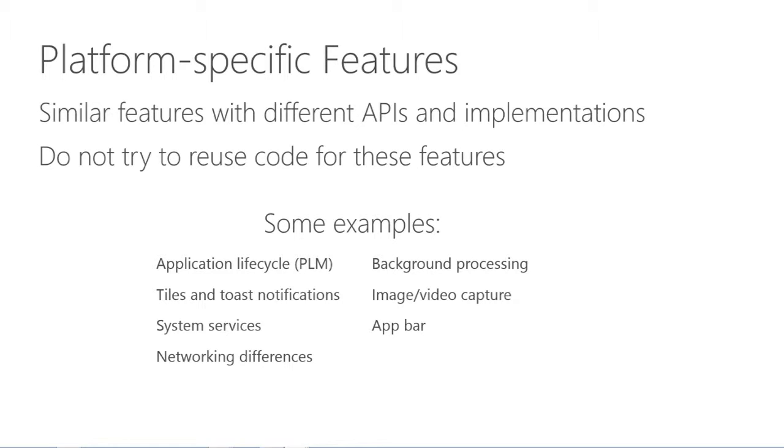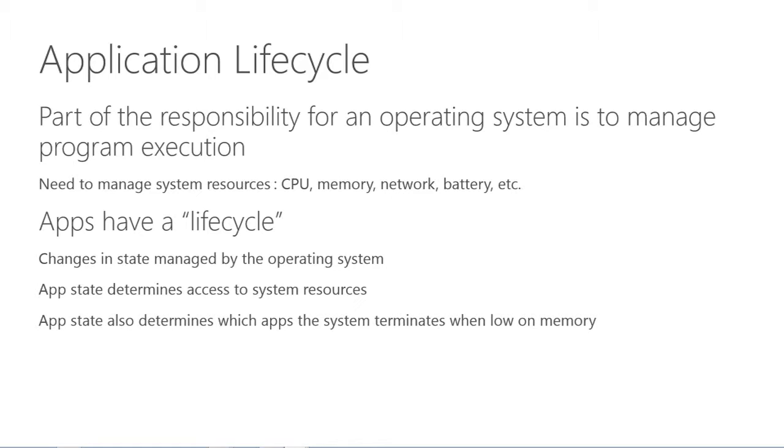In fact, these things are quite different, and so we're going to talk about the similarities as well as differences between them. In many cases, you're going to have to avoid reusing code here because the features are very different. So you'll have to separate that code into platform-specific files or platform-specific code. Again, we're going to talk about that in a few minutes.